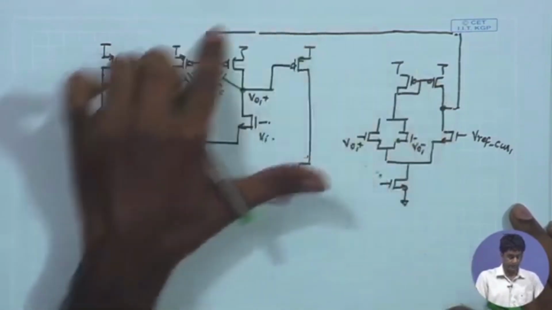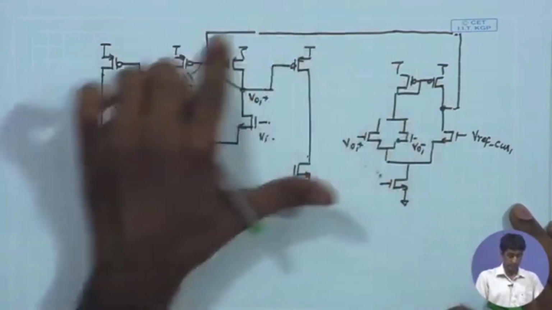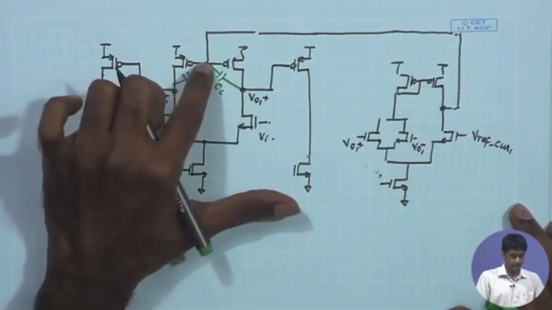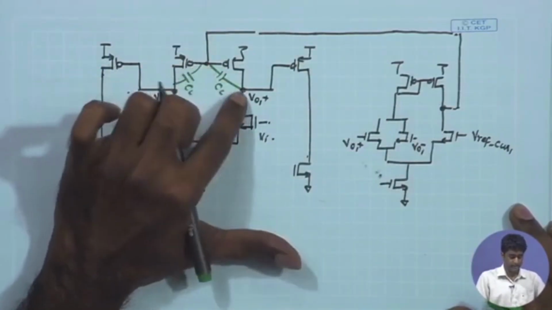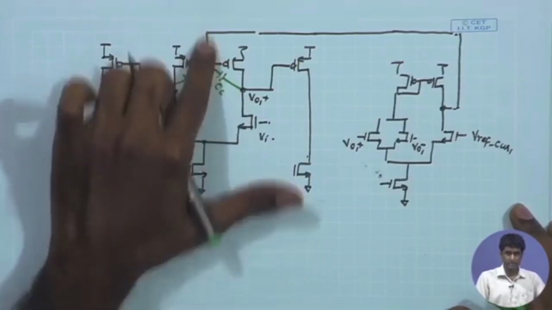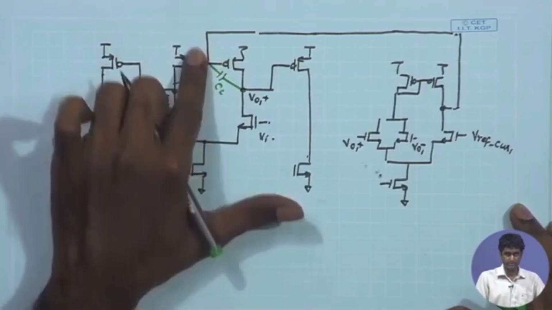And therefore, if we remember, in the common mode half circuit, we are going to have this CC coming between the input and the output of the common source stage provided by this differential pair.